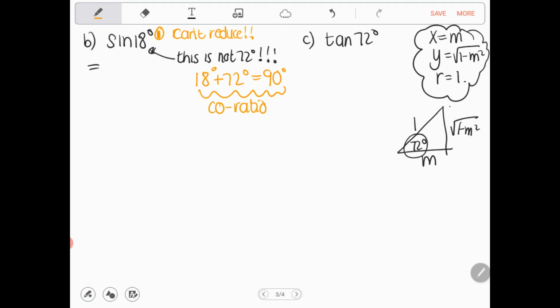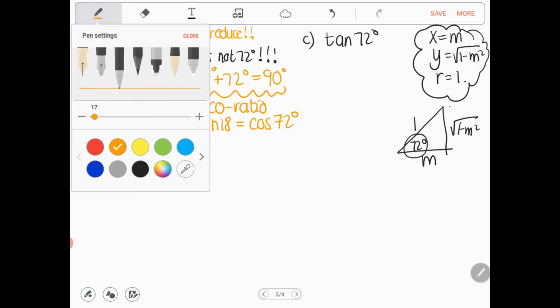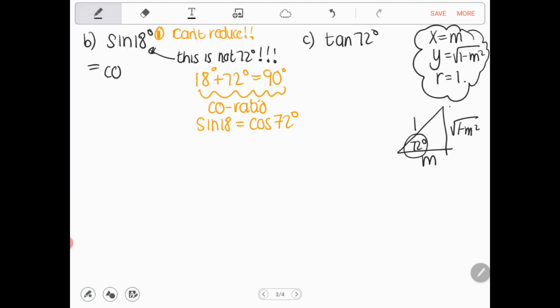So the sine of 18 is going to be equal to the cos of 72. Those are co-ratios. So I'm going to replace sine 18 with cos of 72. Now because I have a 72, I can use my diagram to replace these. So cos is x over r, and we know that x is m and r is 1, so my answer is going to be m.